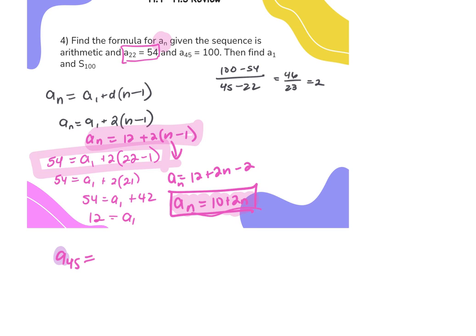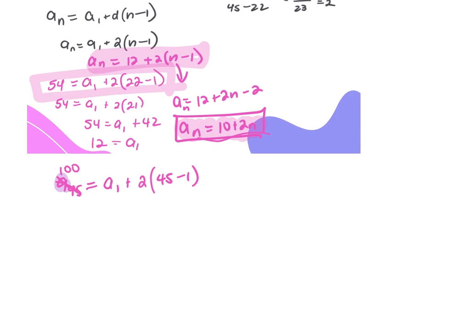Oh, no, I can't use that equation yet. Sorry, just kidding. You didn't have that equation yet. You had a1 plus 2 times 45 minus 1. And then a45 is 100. So then I'd get 100 equals a1 plus 2 times 44. 100 equals a1 plus 88. And a1 is still 12.